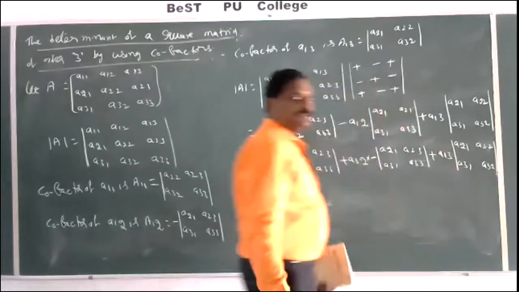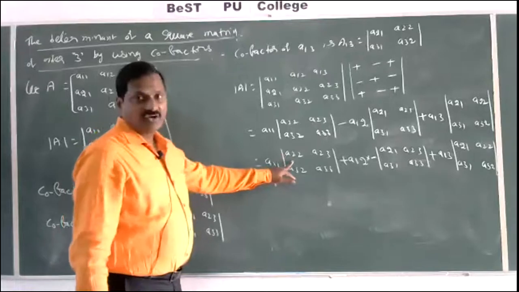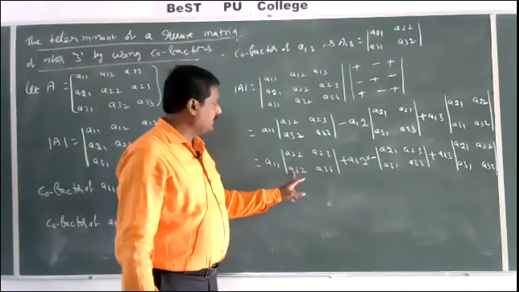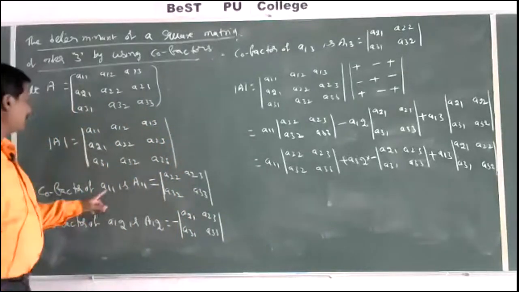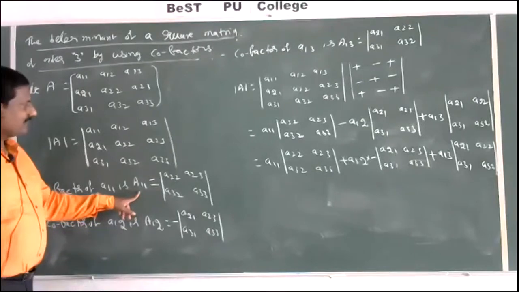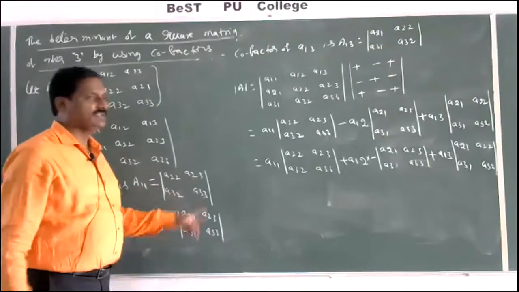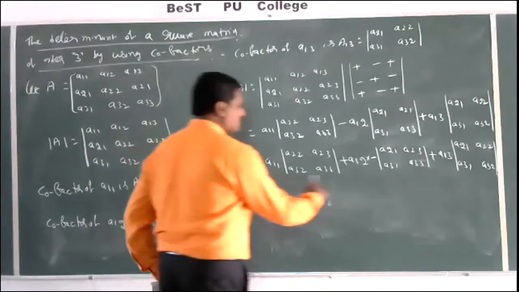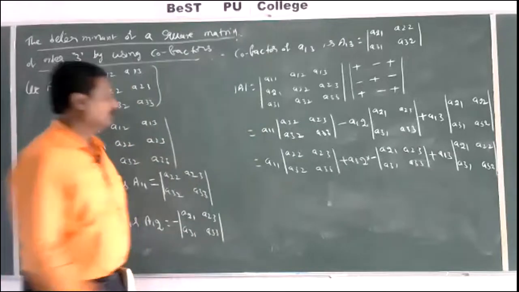You see that the determinant of A22, A23, A32, A33 is the cofactor of A11, capital A11. That means in this place we can write capital A11, the cofactor of A11.